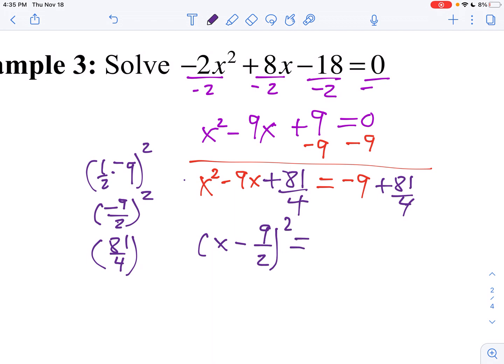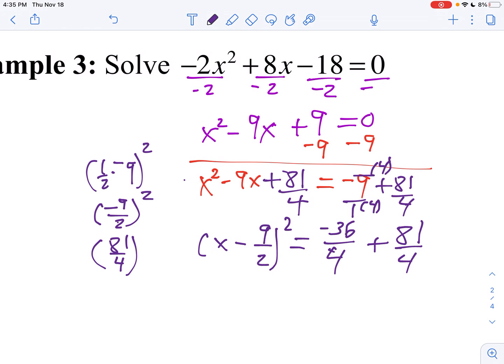equals, now, I need a common denominator here, don't I? My common denominator is going to be 4. So my second term, I'm just going to leave as 81 over 4. But my first term is right now over 1, so I have to multiply by 4. So 4 times negative 9 is negative 36.